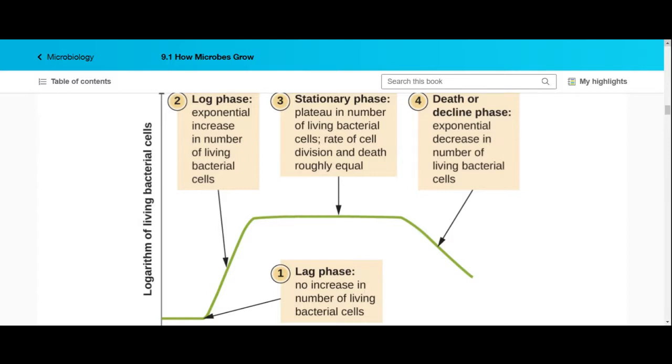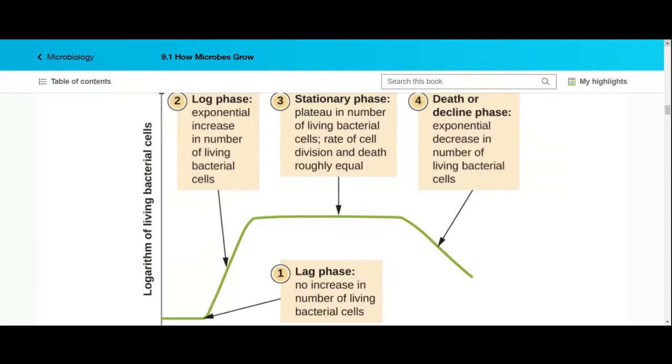In the stationary phase, the rate of cell division and the rate of cell death are equal. So you get a plateau, because the cells are still dividing, but some of the cells that were growing in that log phase are starting to die off. So we don't get a net increase in the number of organisms.